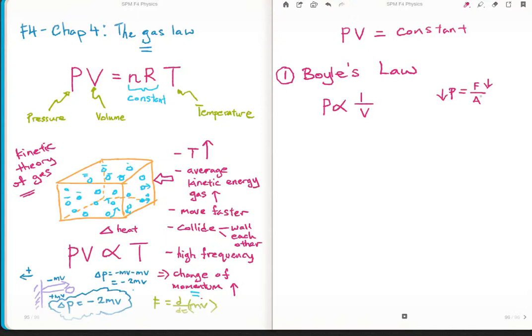You have learned this in chapter 2 or chapter 3 from Form 4. Okay, so to put it in a graphical form, so that it helps you to remember, one way is to use this cube: volume increases, collisions reduce, momentum change reduces.